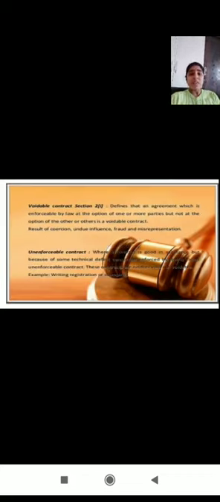And next, voidable contract. A voidable contract is defined according to section 2 of the Act. It defines an agreement which is enforceable by law at the option of one or more of the parties, but not at the option of the other or others, as a voidable contract. We discussed coercion, undue influence, mistake or misrepresentation, whatever it may be.